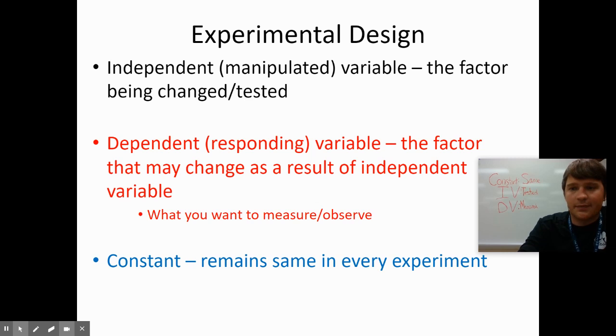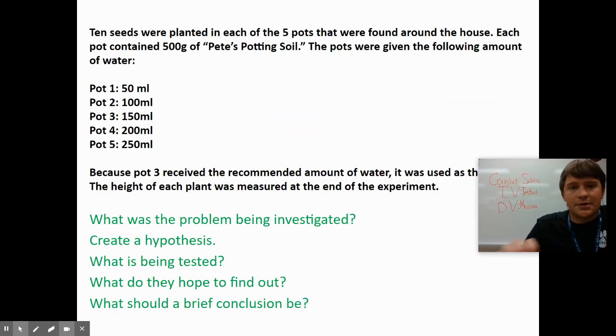And a constant is something that remains the exact same throughout the entire experiment. Looking back, I'm sorry, I'm probably hurting your eyes at this point. There are a couple different constants that we can see in this experiment. One that I see is we used 500 grams of Pete's potting soil in all the different pots. That's good. That's the same the entire time. Both the type of soil we used as well as the amount of soil, those would both be great examples of a constant.